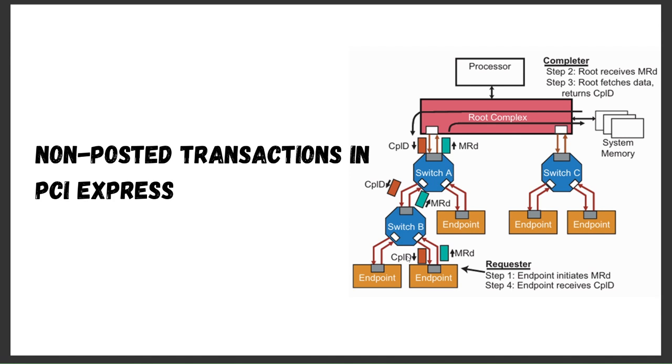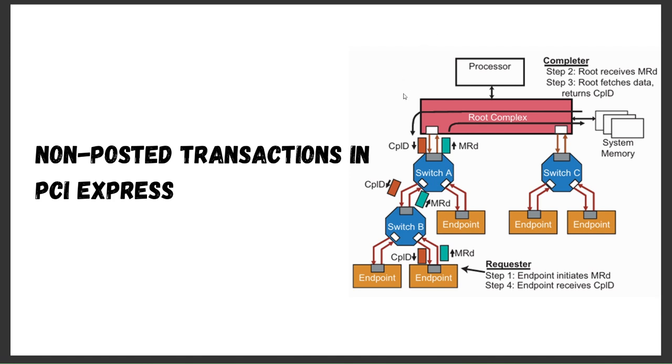A non-posted transaction means that when a request is sent, the sender waits for a response. This is commonly used in read operations, where a device requests data from memory and expects a response with the data. Let us understand with the help of this diagram.